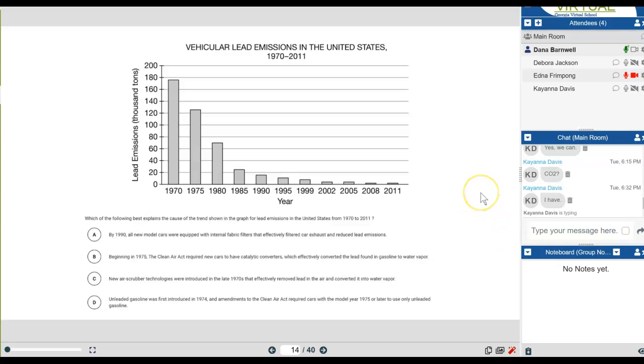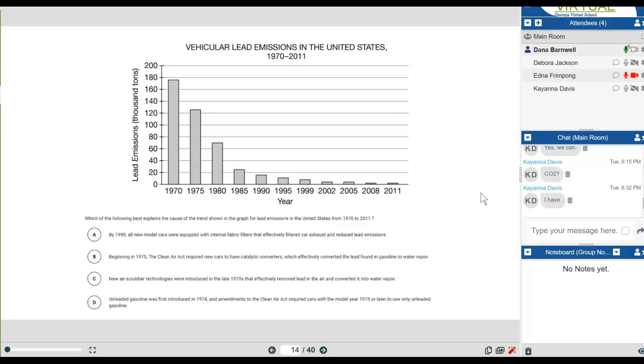And the reason I asked that question is because in the 1970s, the gasoline that we put into our gas tanks was leaded. Okay, so in the 60s and in the 70s, the gasoline that was being used had lead in it. And what we were starting to see was lead emissions from the combustion of our leaded gas, where lead was actually starting to build up on the sides of the road.